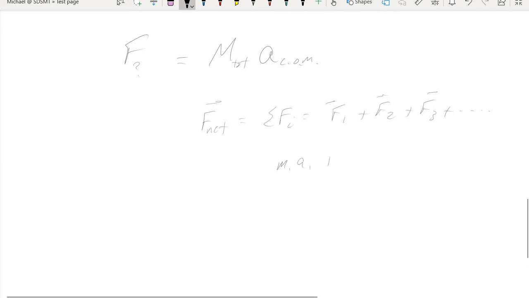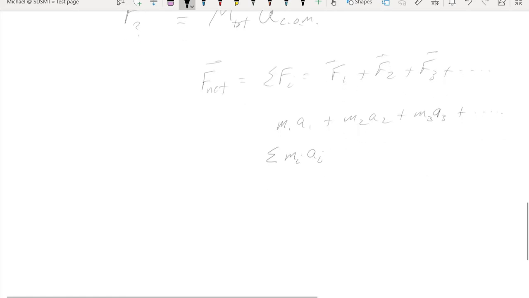So mass 1, acceleration 1, mass 2, acceleration 2, mass 3, acceleration 3, on and on and on. So this is just the sum of each individual mass times its individual acceleration, and that would be the net force in the system.